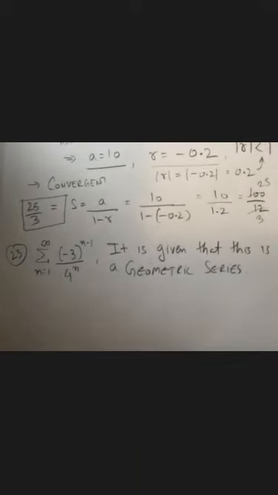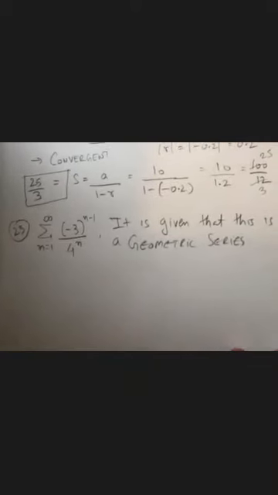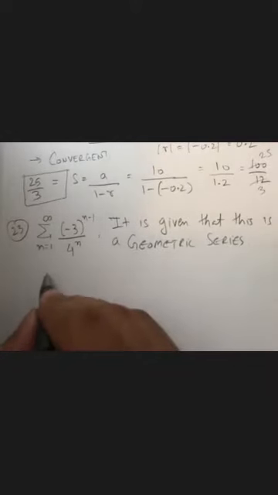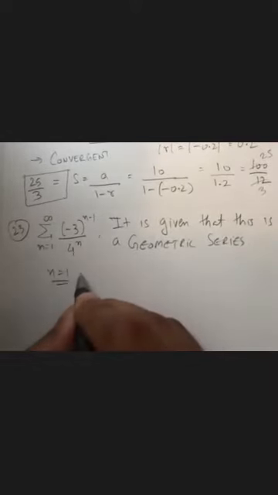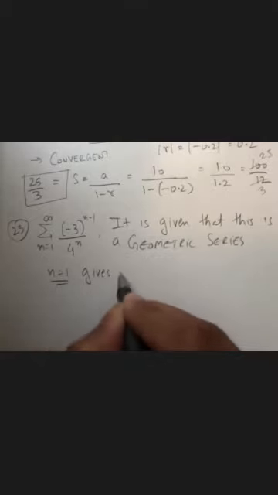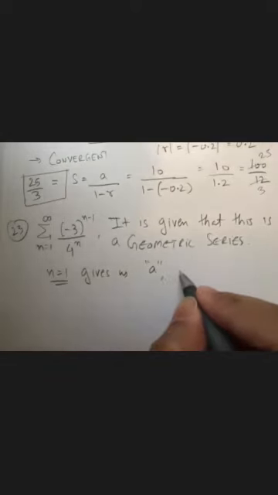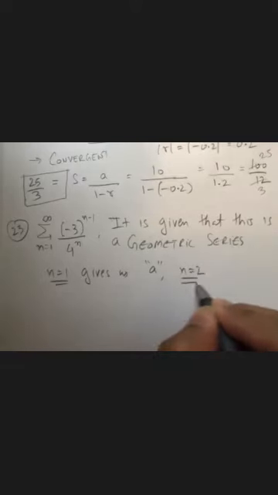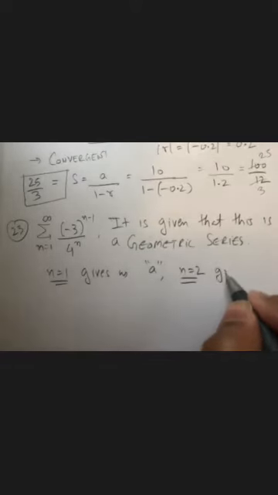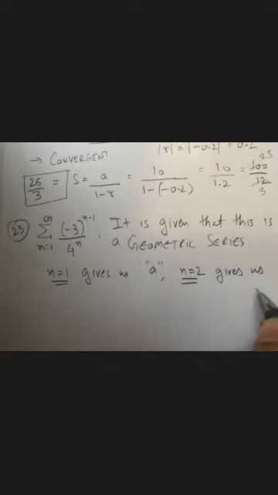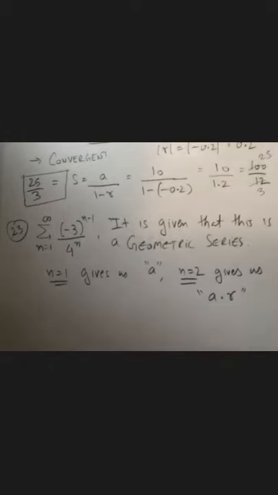So it is given that this is a geometric series. So this means n equals 1 gives us a, and n equal to 2 gives us a times r, right?